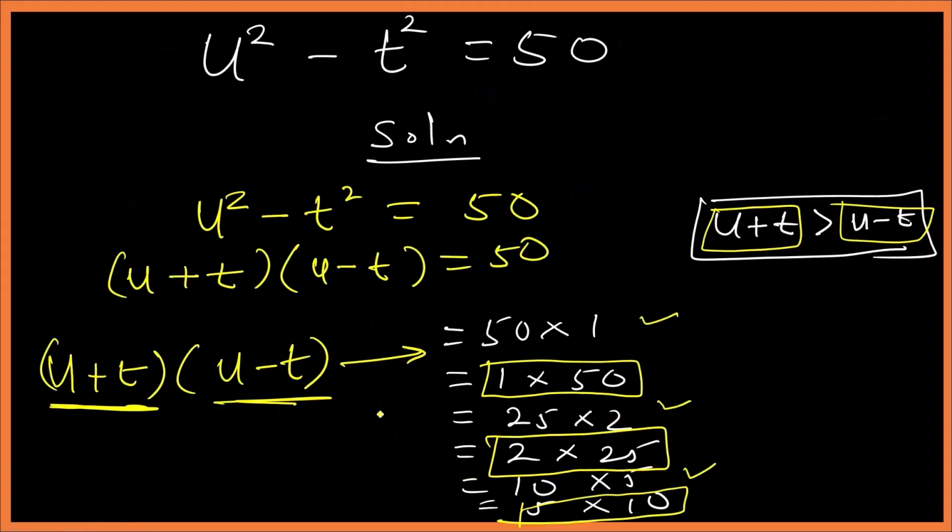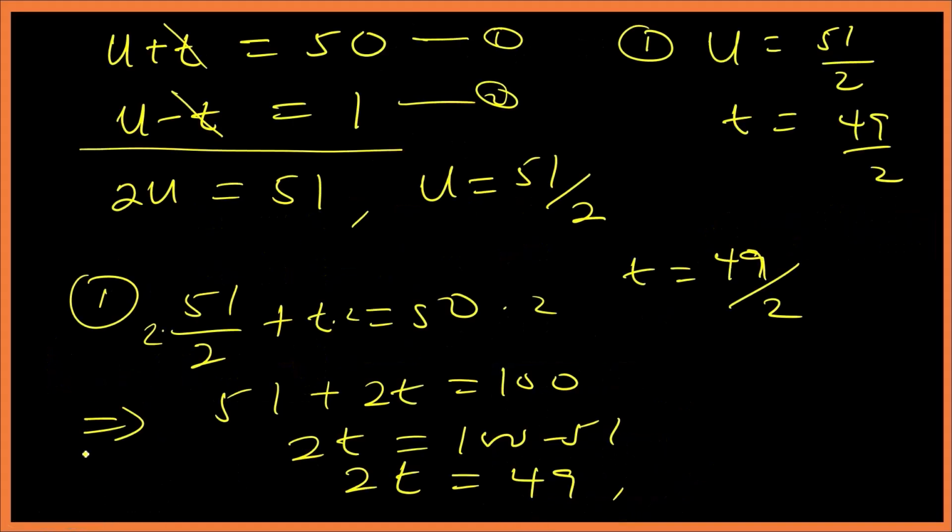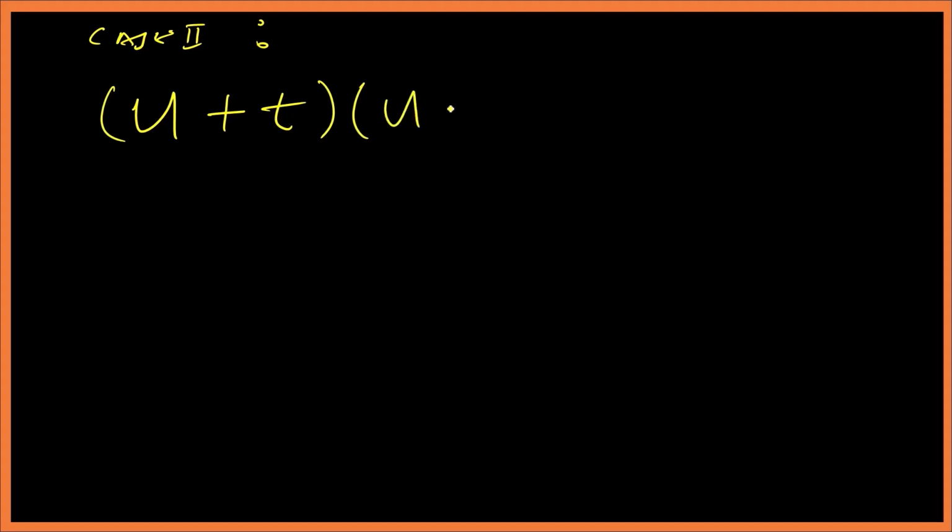Now let's go to case 2. With case 2, I'll equate this one to 25 times 2. So we have (u plus t)(u minus t) equals 25 times 2.